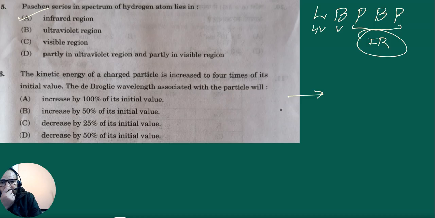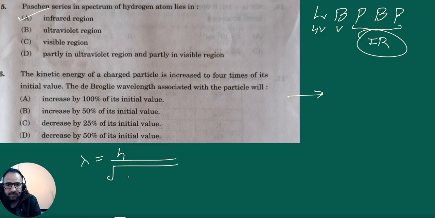Dear children, question number 6. The kinetic energy of a charged particle is increased by 4 times its initial value. Then what is the de Broglie wavelength? You know the formula of de Broglie wavelength: lambda is h upon root of 2 into mass into kinetic energy.